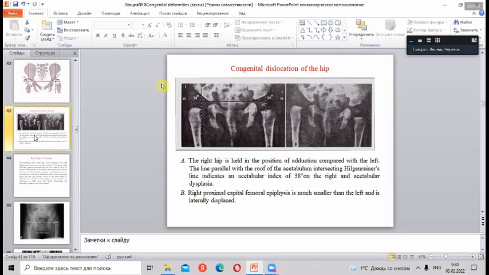The right proximal capital femoral epiphysis is much smaller than the left and is laterally displaced.